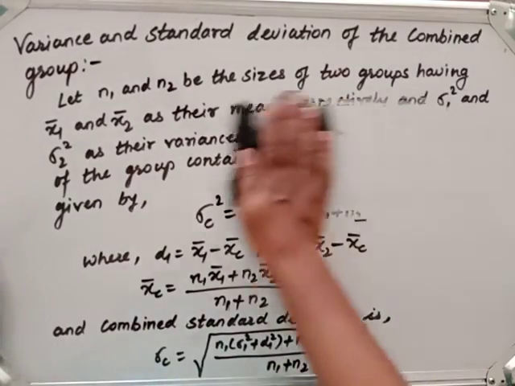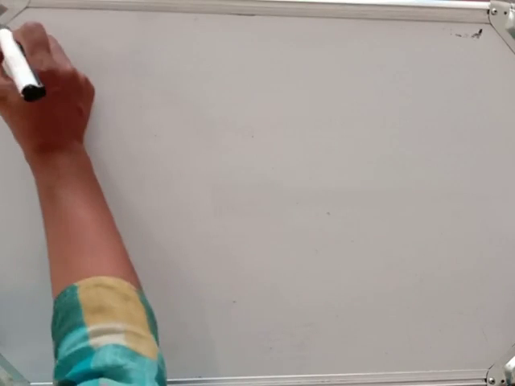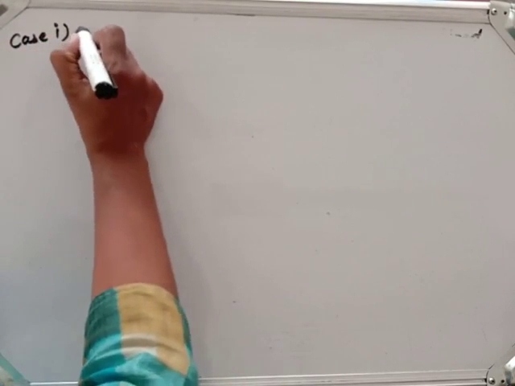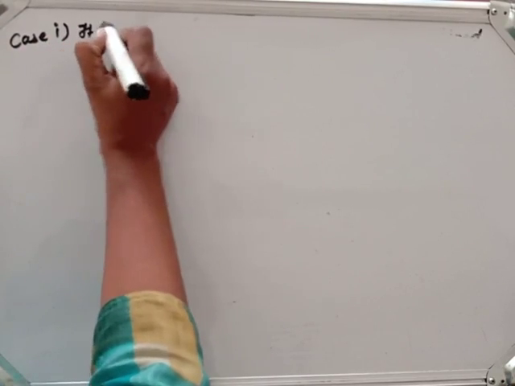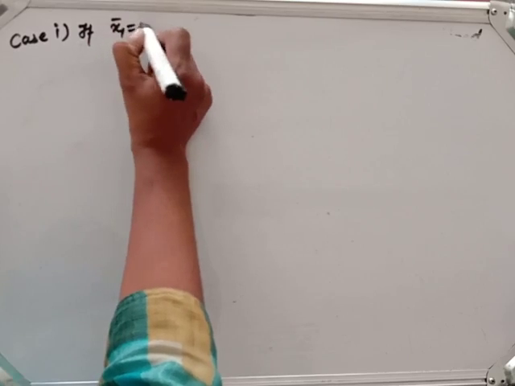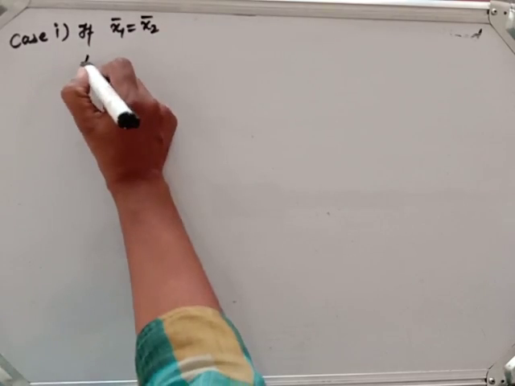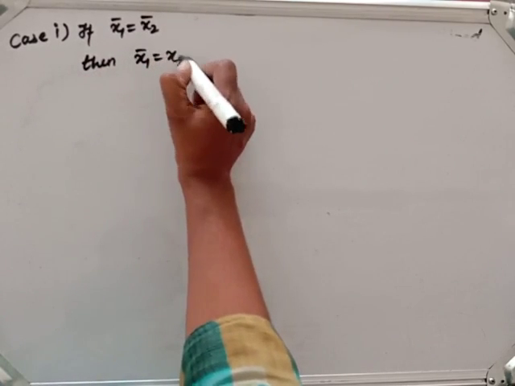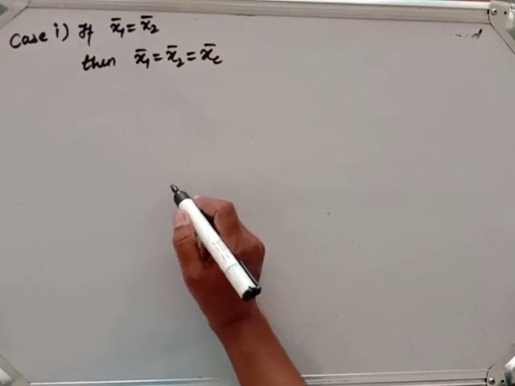Suppose the first case, case 1: if x1 bar equal to x2 bar. Then obviously as the means are the same, their combined mean is also the same.